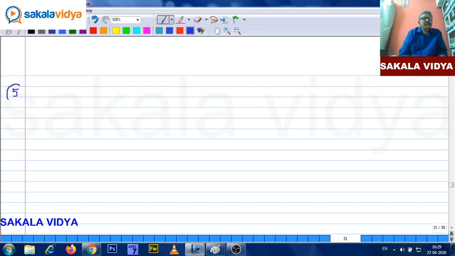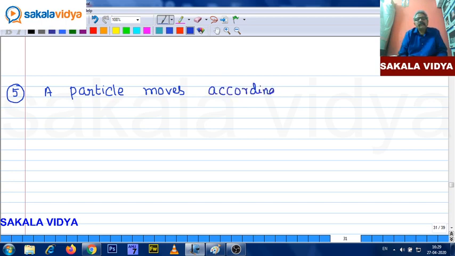Next, fifth one. A particle moves according to the law S equals t cube minus 3t square plus 3t plus 12.